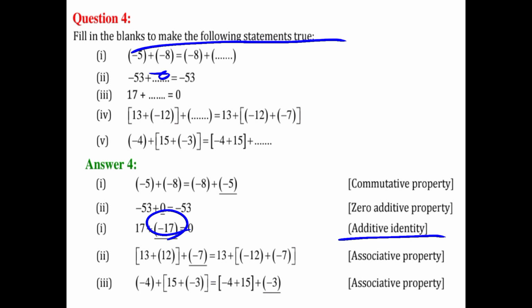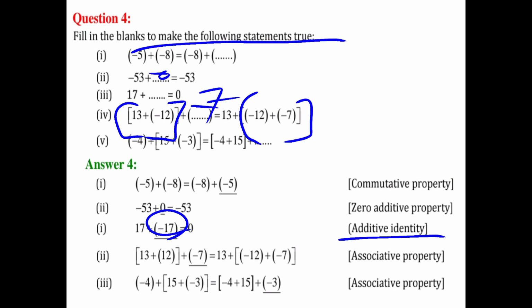Then, 13 plus (-12 plus what) is equal to (13 plus -12) plus -7. Simply -7 is lacking here, due to the associative property, because the brackets are here. So we can put -7 here.